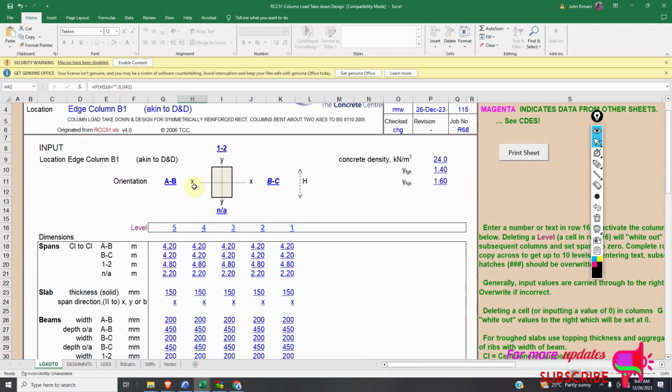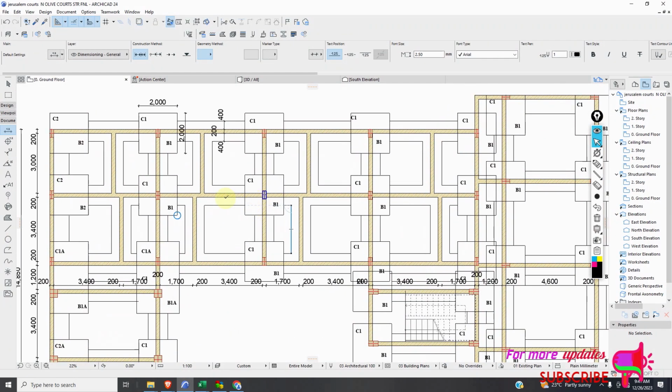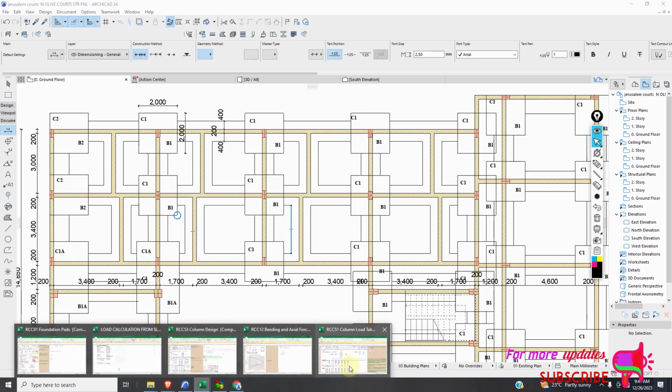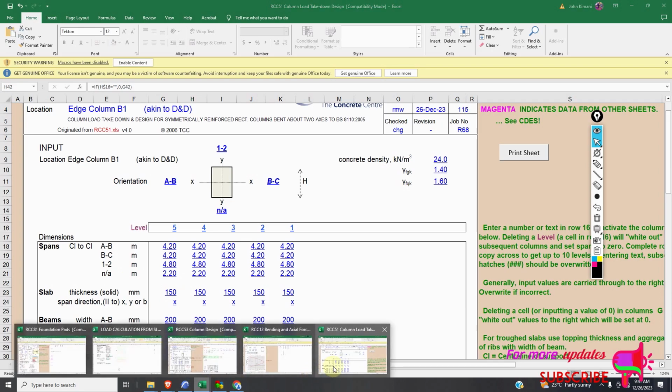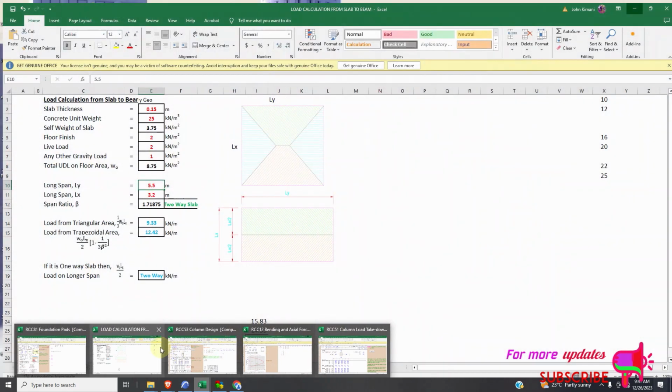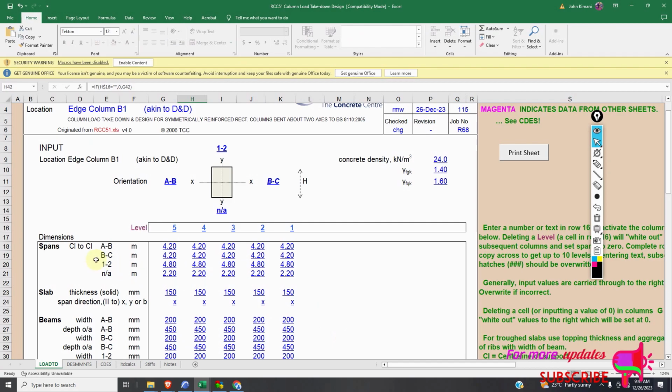You can see clearly this is AB and this is BC. Those are the spans, from column to column, right? So that is the span. Maybe I need to close this. Okay, you can just open it. So this is column to column.